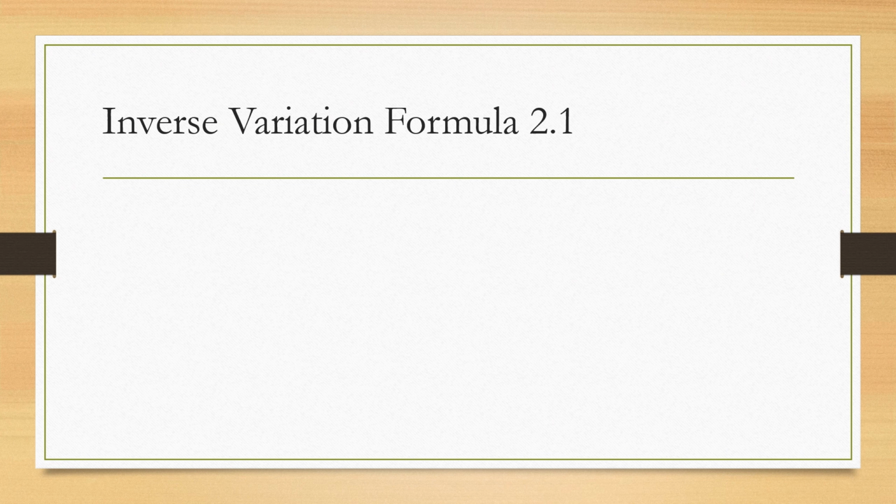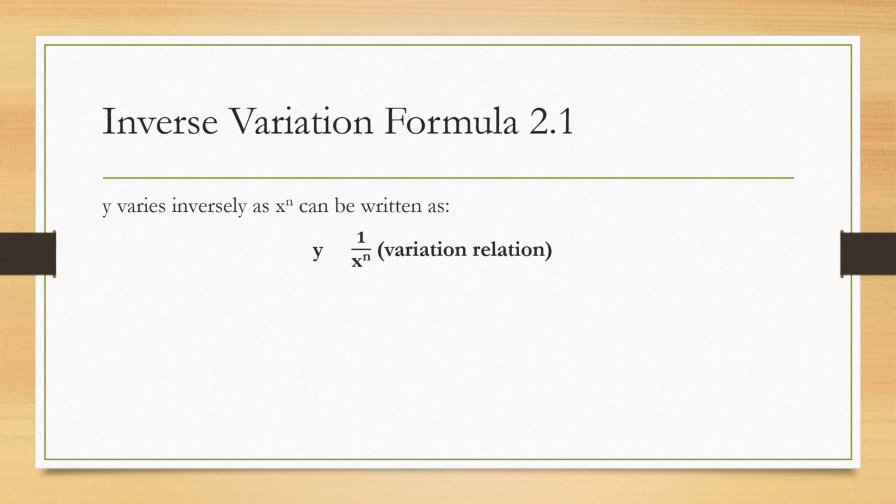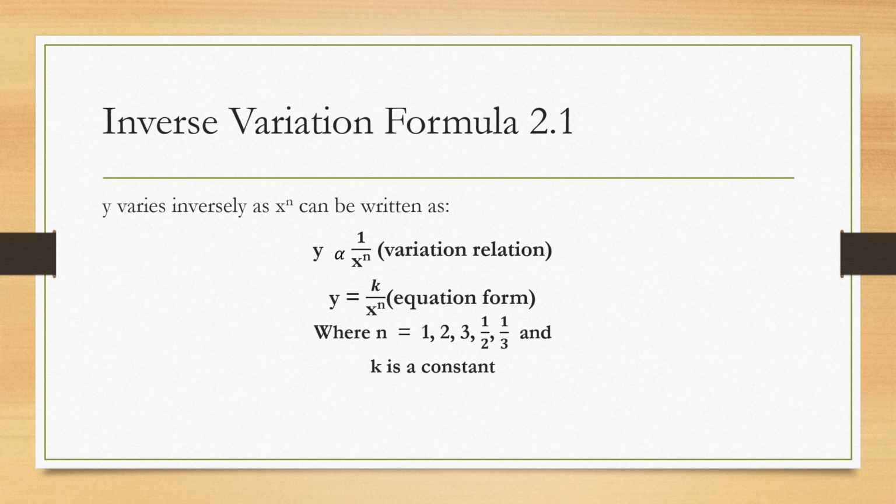Next is the inverse variation formula 2. Y varies inversely as x power n can be written as y varies with 1 over x power n, y equal to k over x power n, first form, where n equal to 1, 2, 3, 1 over 2, 1 over 3, and k is a constant.